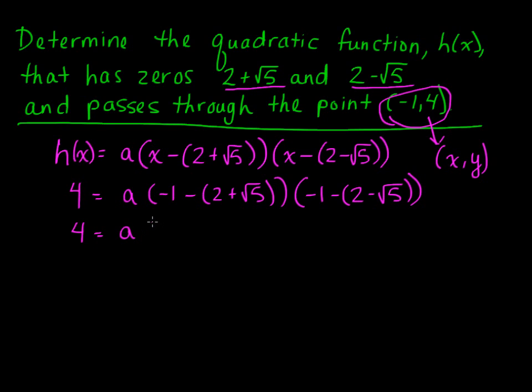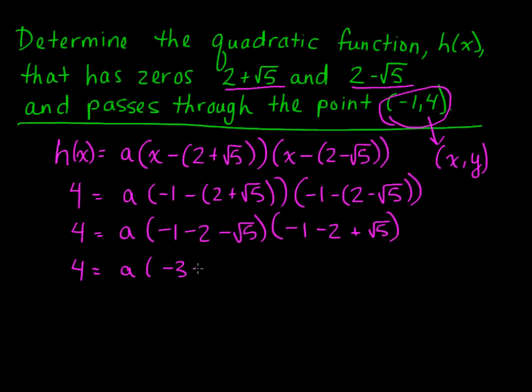Okay. So here we get negative 1 minus, in brackets, 2 minus root 5. And here, negative 1 minus, in brackets, 2 plus root 5. Okay, we can simplify each of those brackets a little bit further. Negative 3 plus root 5 times negative 3 minus root 5. Okay?